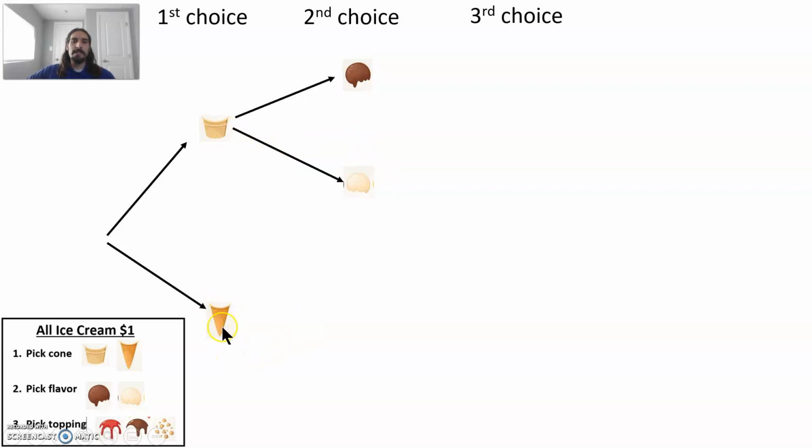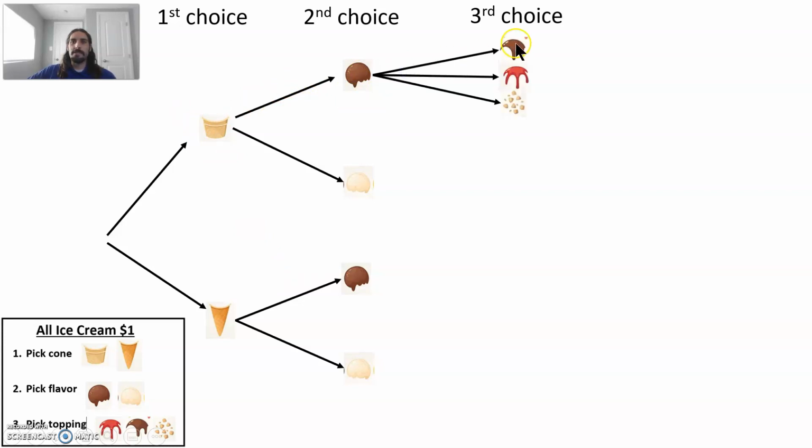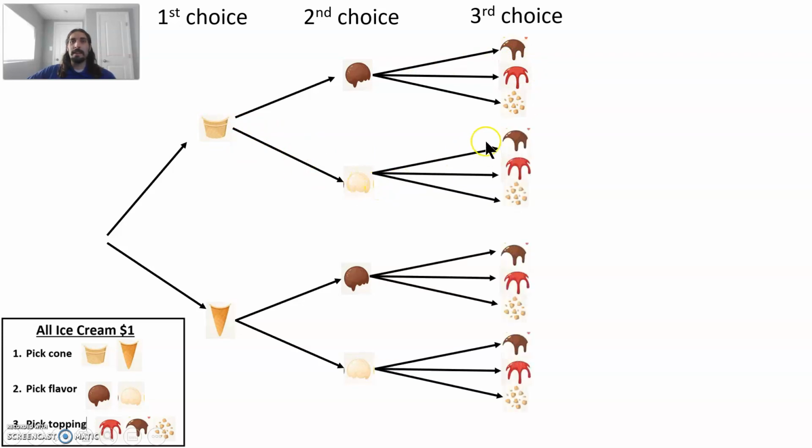So even if I chose this cone down here, I still have to pick chocolate or vanilla ice cream. And I'm hoping you kind of get an idea of where this is going. If I pick this first cone and I pick chocolate, I have to pick one of the three toppings, chocolate sauce, strawberry sauce, or peanuts. If I picked this cone and I picked vanilla ice cream, I still get to pick one of the three toppings, and so on and so forth.